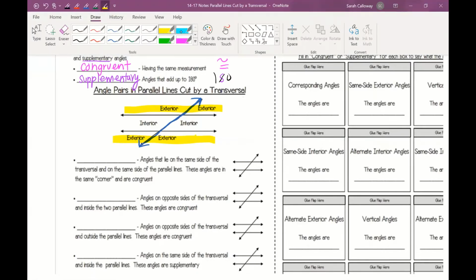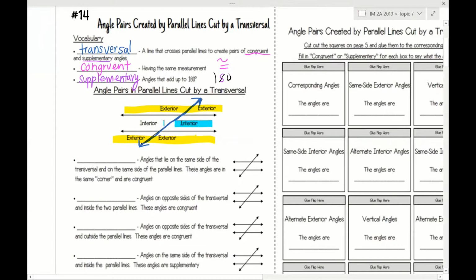The way that I think about it is that interior is between. So when I have angles that are interior to the parallel lines, they are between them. So again, exterior and interior are in reference to those 2 parallel lines on our diagram.